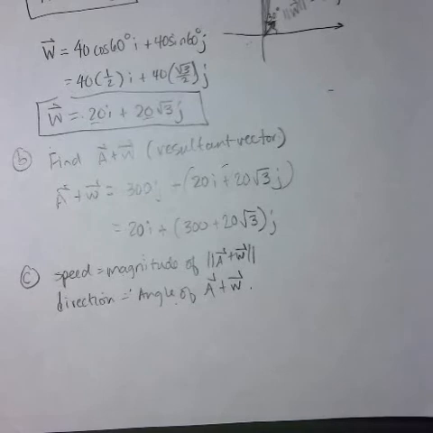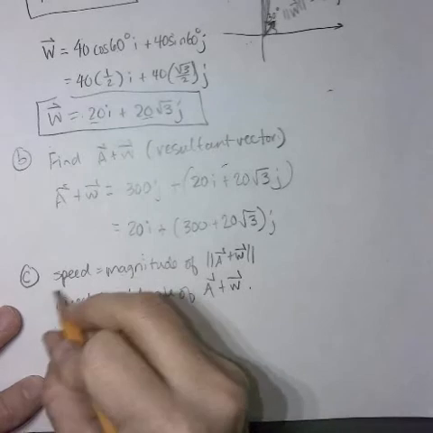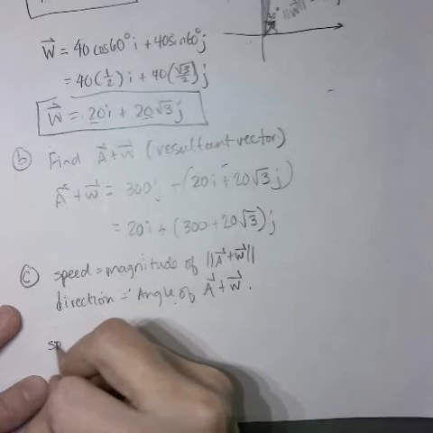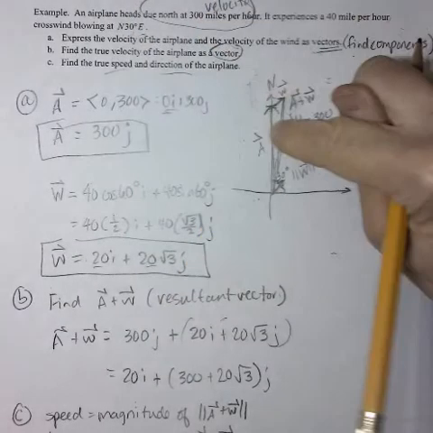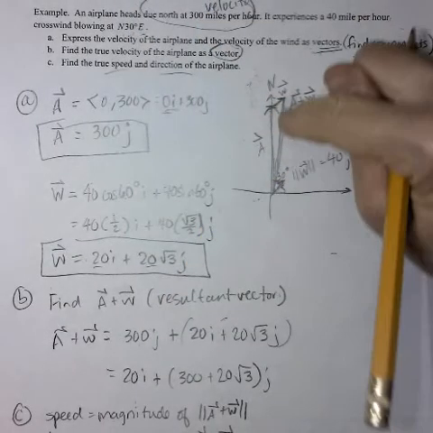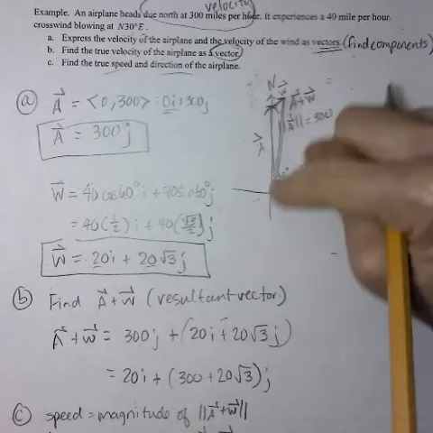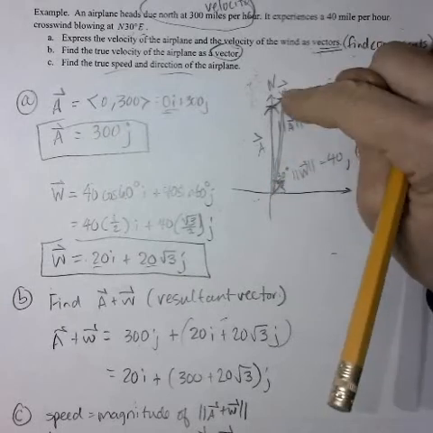Okay, so the speed, so even though the instruments are set to go 300 miles per hour, because the wind is a little bit to the back, notice A plus W is longer, it's actually going to go a little faster than 300. The wind's helping it along.